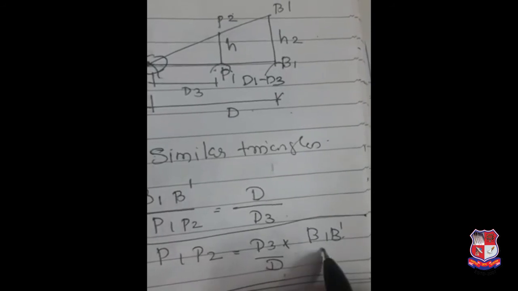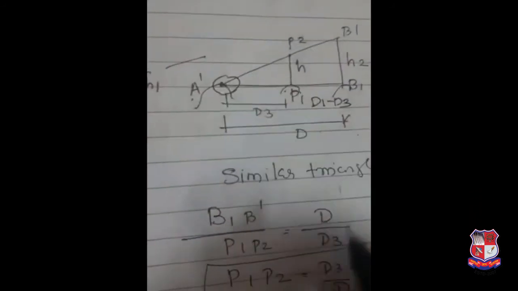That is D3 divided by D into B1 B dash. How do we get it? This vertical distance divided by this is equal to this horizontal distance divided by this one. So now we will do one example for that case, then you will understand what exactly I said.